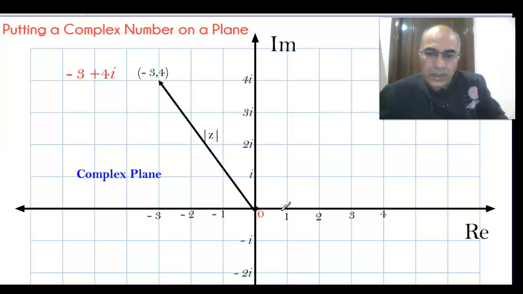Now angle phi from positive real axis to the vector representing z, that is this angle phi, is called argument of z.